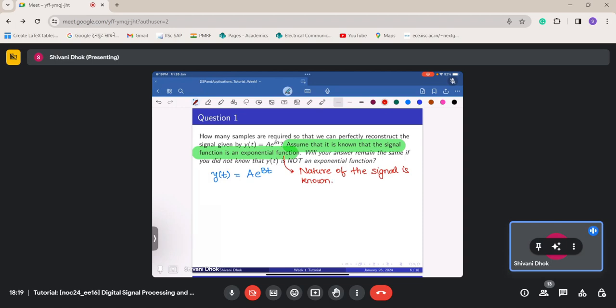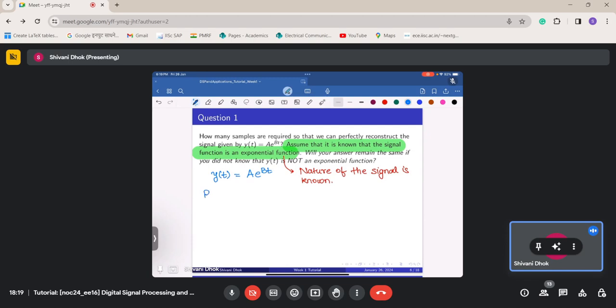So if I know that it is an exponential signal, I know that it takes the form of some constant multiplied by e power bt. So what do we mean by reconstructing back the original signal? It simply means that we need to find the constants a and b.